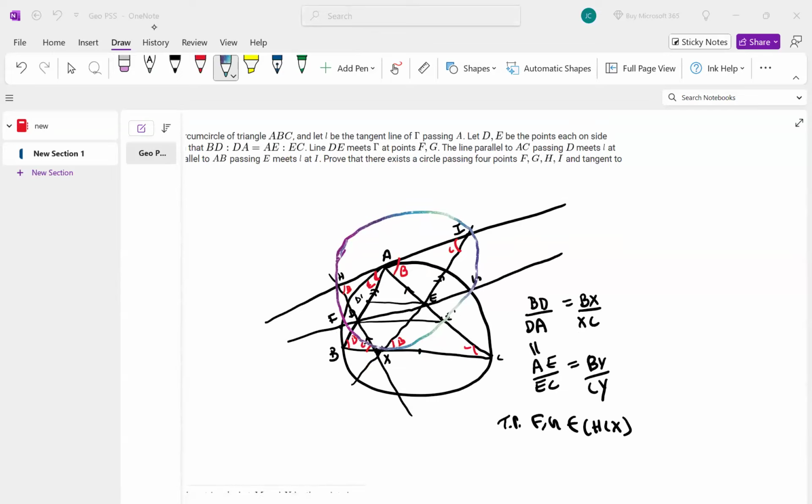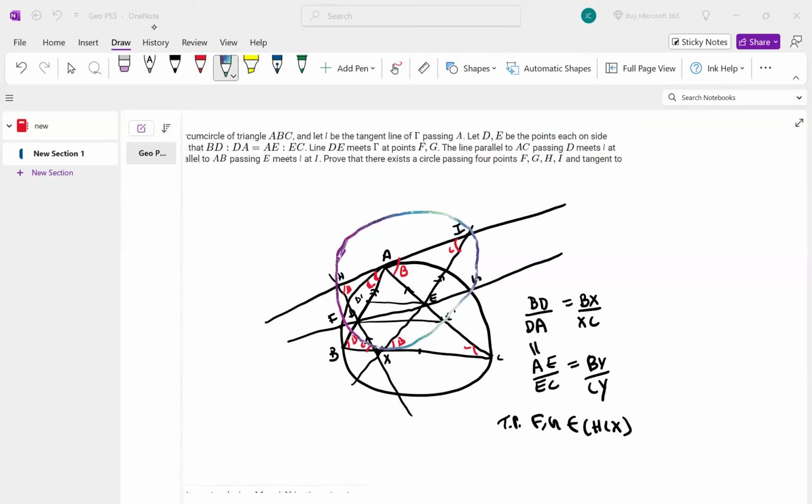First of all, we want FG to be the radical axis of the circles HIX and ABC. That finishes because then FG is the common chord, right? Yes. So since FG is basically DE, it suffices to show that D and E have equal power in both of the circles.